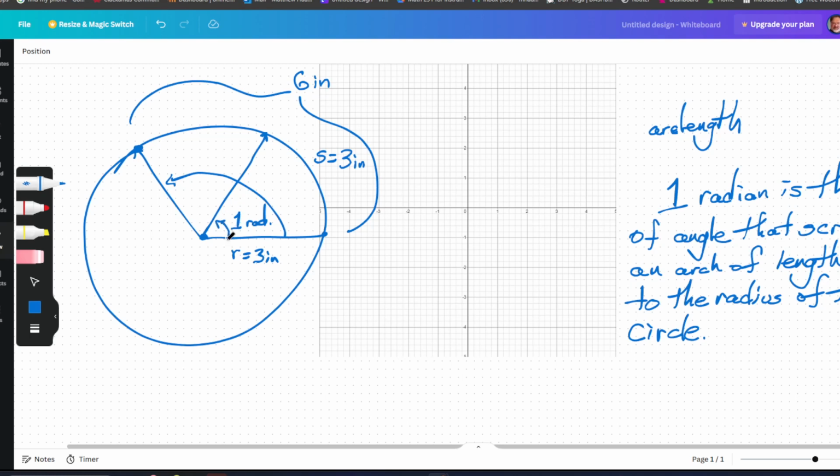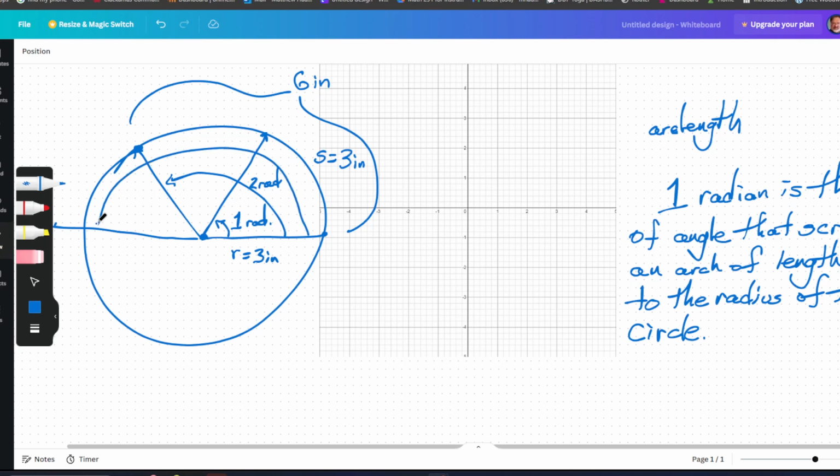Well, this little one would be 1 radian. This would also make another 3 units, so it would be 1 radian. So this big angle here is indeed 2 radians. And we could keep doing that if we did it again.